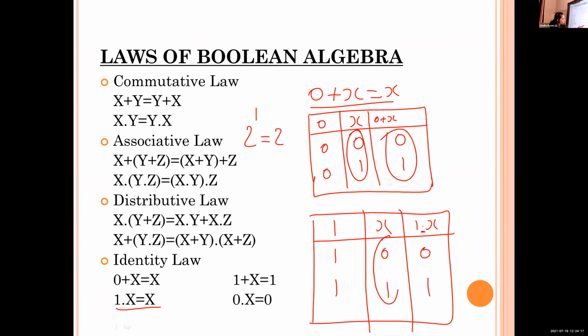Here x is 0, 1. 1 into x is again 0, 1. So x and 1 into x are the same.